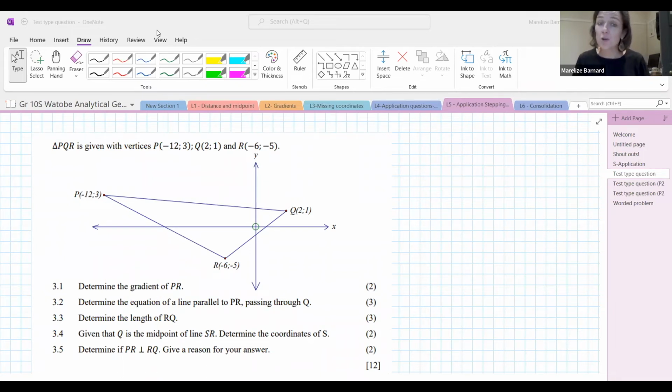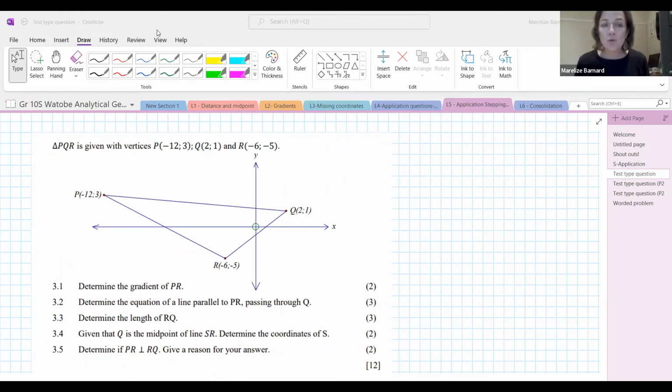Yes, guys. So if you're on 3.4 and you're thinking about that already, Q is the midpoint. Remember, just play with the maths. Don't stress, don't panic. What does it actually mean? How can we make sense of this?